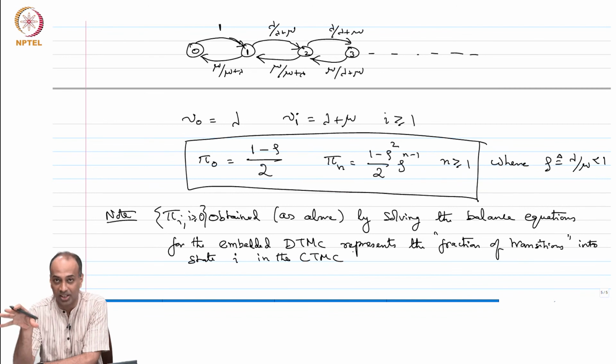So, we have not gone there yet. I am only talking about the pi i's. If you solve the embedded DTMC steady state probabilities, you get some pi i's, some probability distribution over the states. What does this represent? It represents the fraction of transitions into state i.